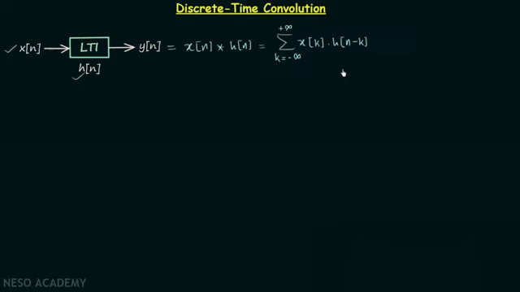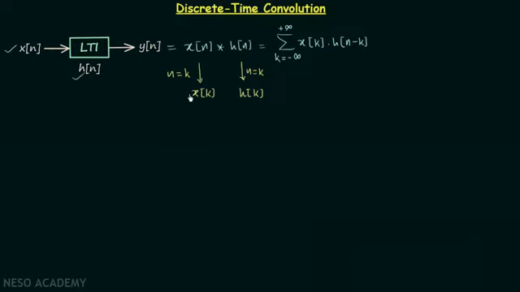So let's understand what actually we are doing here. We have two signals x[n] and h[n]. We will change the independent variable n by a dummy variable k, in both signals, and after this we will have signal x[k] in place of x[n], and signal h[k] in place of h[n].